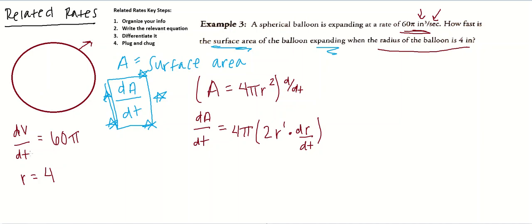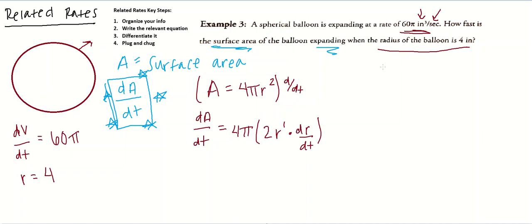And that is this dV/dt equals 60 pi. So if you're stuck and you have a quantity you don't know and you're trying to figure out how to find it, look at any information that you haven't used yet. That should be kind of suspicious to you because almost always they're going to give you information for a reason. So okay, we haven't used this 60 pi yet, and this represents the rate of change of volume.